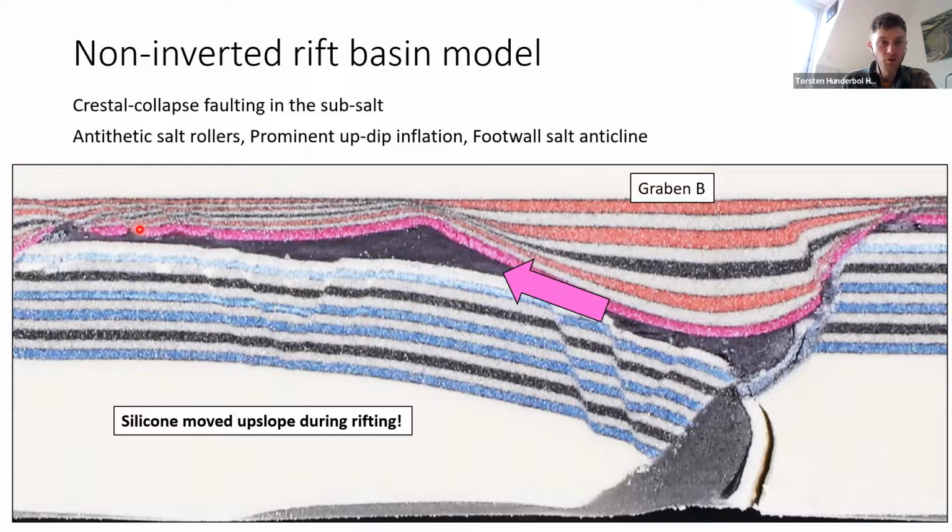We have some small, very cute salt rollers up here, thin-skin structures tipping and detaching into the sloping silicone here, a prominent up-dip salt inflation, and a small footwall salt anticline right here. That's what tells me that silicone moved upslope, that we have this inflation here.